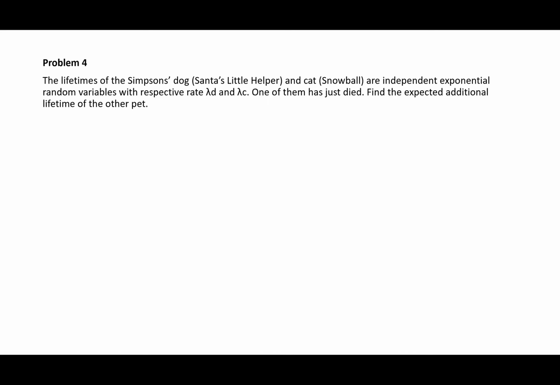I'm just going to say D represents the dog, and let D equal the lifetime of the dog, Santa's Little Helper, and let C equal the lifetime of the cat, Snowball.